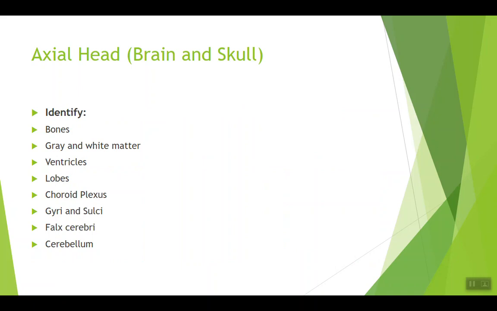So bones, gray and white matter in the head, ventricles, the different lobes of the brain, the choroid plexus, gyri and sulci, the falx and the cerebellum are all things that I think you should be able to identify pretty easily. They kind of just snap right out at you on the CT. You don't have to look with a magnifying glass to find these things.